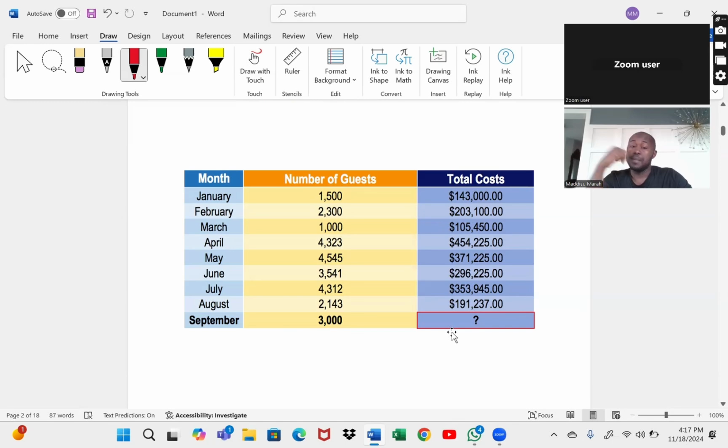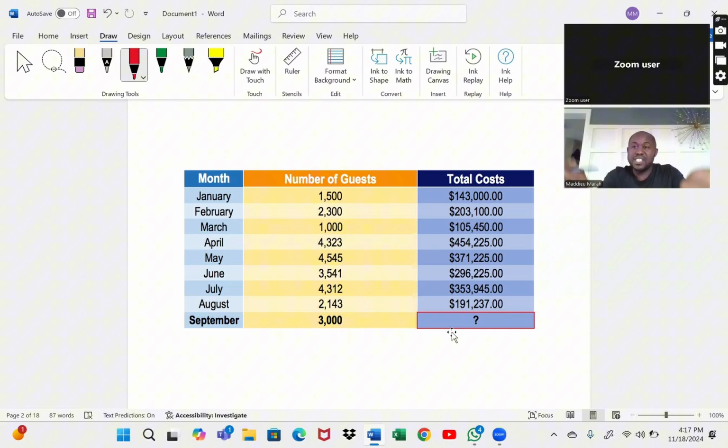Total cost for September. For now, let's ignore September cost. So let's assume the data ends at August. Let's try to understand the high-low calculation first before we start looking for figures. Okay? So now we are asked to calculate the variable cost of this table and to calculate the fixed cost of this table.